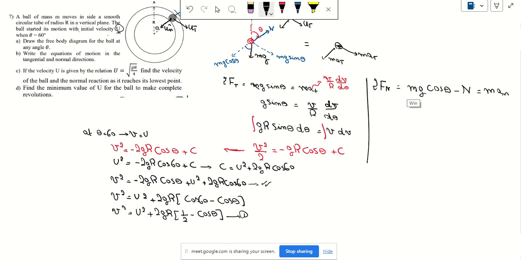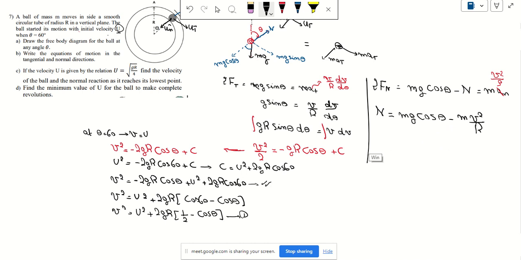And an is equal to v squared over rho. So you'll find yourself writing that N is equal to mg cosine theta minus m v squared over r.